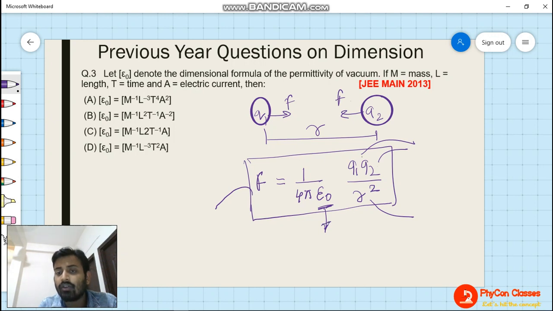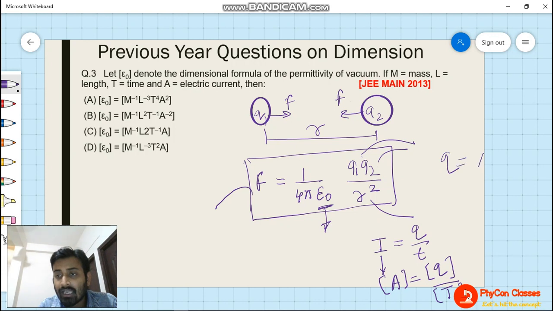For Q1 Q2, I'll just tell you that current is defined as charge flowing per unit time. The dimension of electric current we know, ampere A. For charge we want to calculate. For time it is capital T. So the dimension for Q will be A into T. Now use these dimensions.